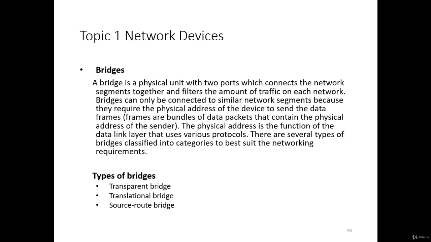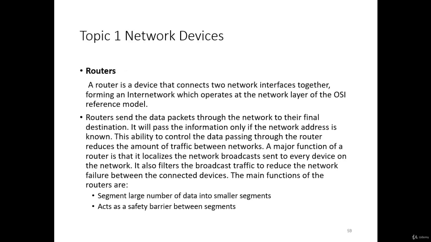Frames are bundles of data packets that contain the physical address of the sender. The physical address is a function of the data link layer that uses various protocols. There are several types of bridges classified into categories to best suit the networking requirement. Types of bridges: transparent bridge, translation bridge, and source route bridge.